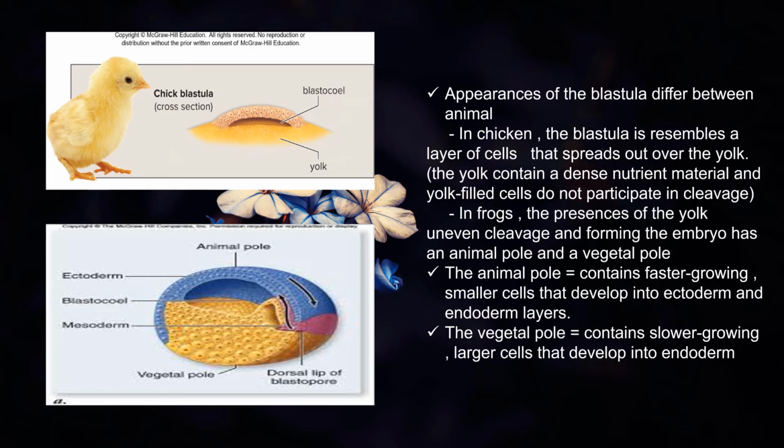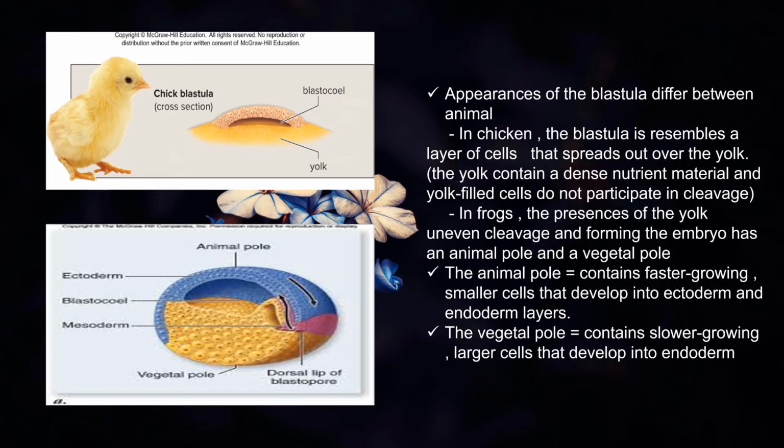The next example is the frog. In the frog, cleavage is not equal because of the presence of the yolk. When yolk is present, the zygote and embryo have polarity, and the embryo has an animal pole and a vegetal pole.